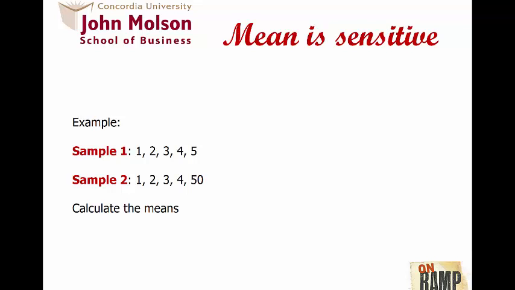The mean is sensitive. What does it mean? Let me take a first sample, observations 1, 2, 3, 4, and 5. I calculate the average. I call it X bar 1 because it corresponds to my sample 1. 1 plus 2 plus 3 plus 4 plus 5 divided by 5 observations gives me 3. My second sample, suppose I made a typo.